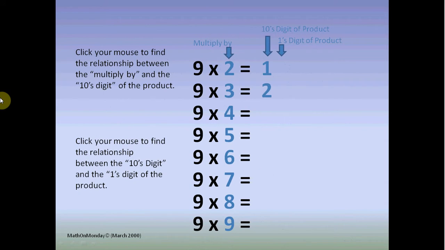9 times 4, the tens digit of the product is? There you go.